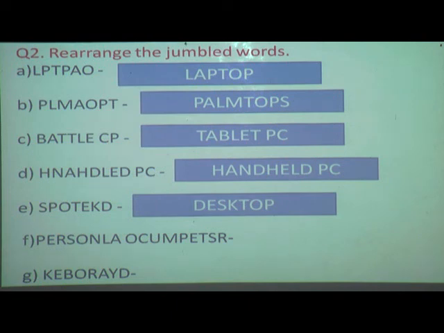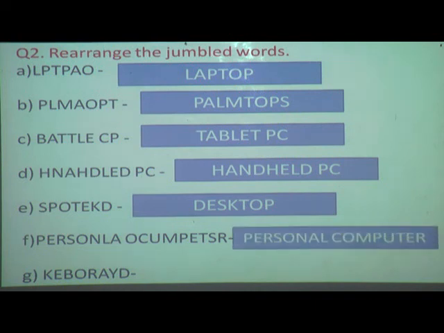Next is PERSONALOCUMPETSR, which means personal computer. Personal computer.